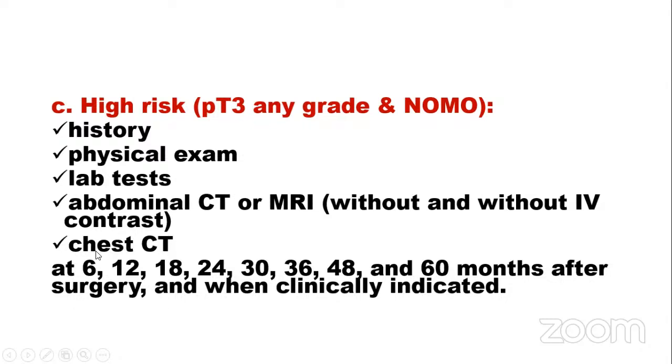This must be done at 6 months, 12 months, 18 months, 24 months, 30, 36, 48, and 60 months after surgery, and or when clinically indicated. This is for T3 or any grade at high risk.